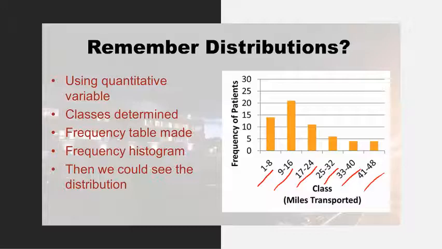And then we get to see what the distribution looks like. In this case, it is a skewed right distribution, right? This is not normal. The empirical rule will not work on this because this is a skewed right distribution. It's not a normal distribution. We can only use normal distributions for what we're going to work on today.